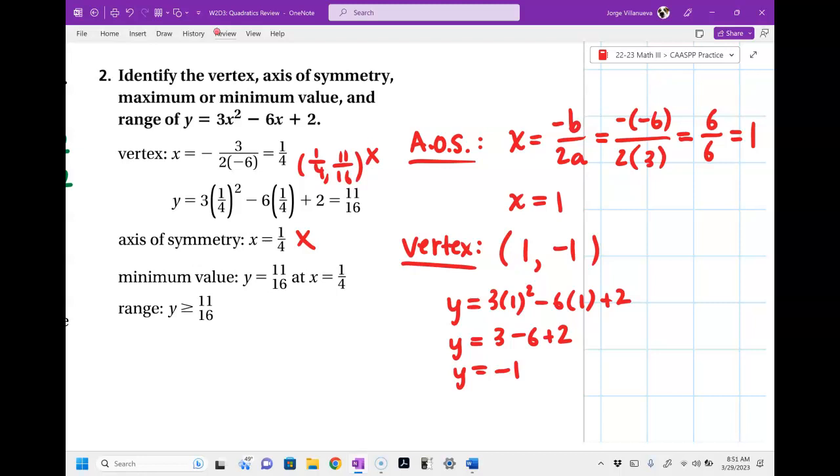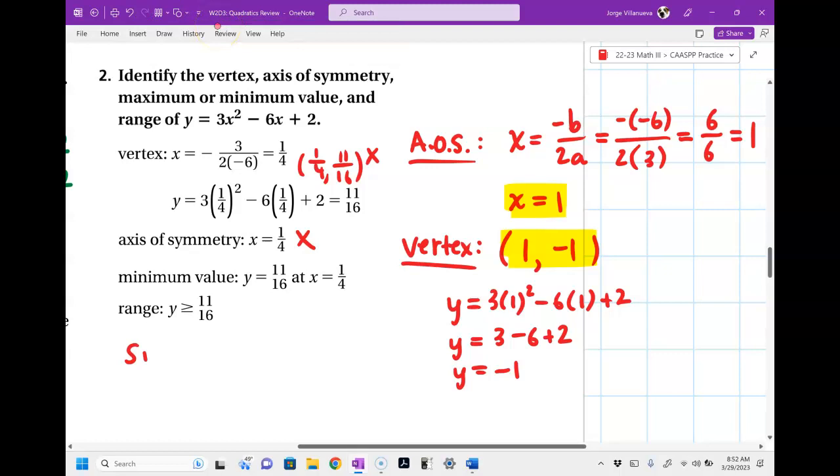Okay, so I have my axis of symmetry right here. My vertex right there. Okay. Now they want to know if this is a maximum or a minimum vertex. Well, they said minimum. Would that even be close? Well, my A term is 3, right? My A term is 3.